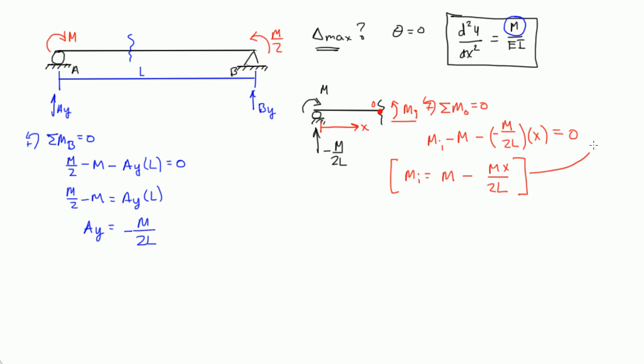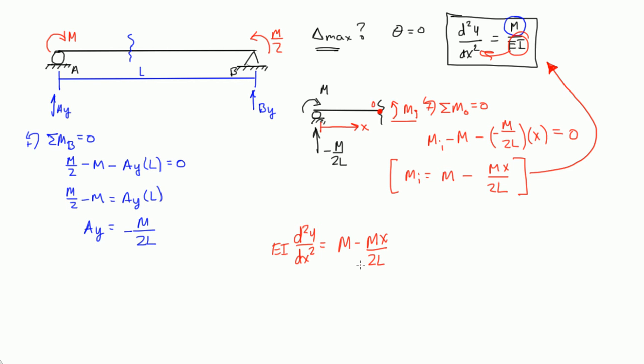Now we need to plug this equation back into our double integration method formula. You have d squared y dx squared is equal to M, and I'm going to bring this EI to the other side first so it doesn't get messy. So EI d squared y dx squared equals M minus Mx over 2L.